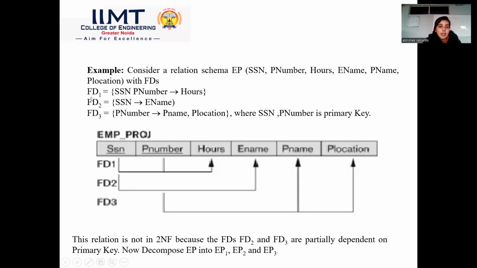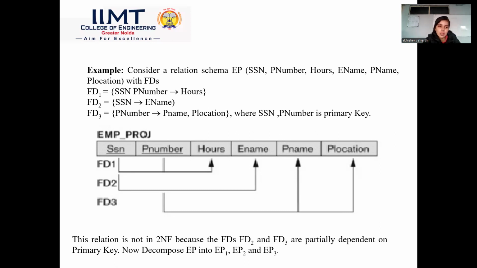The actual issue is generated because SSN derives a non-prime attribute, which is E name, and P number, which is also a part of the primary key, derives P name and P location. So because of functional dependency 2 and 3, partial dependencies exist, and if partial dependency takes place, then we can say that the given relation will not be in second normal form.